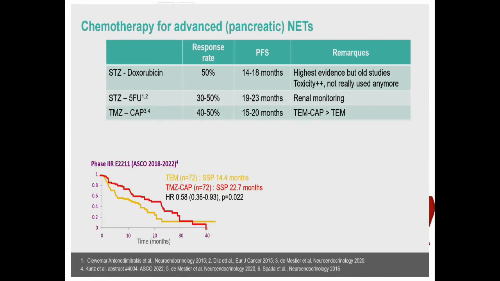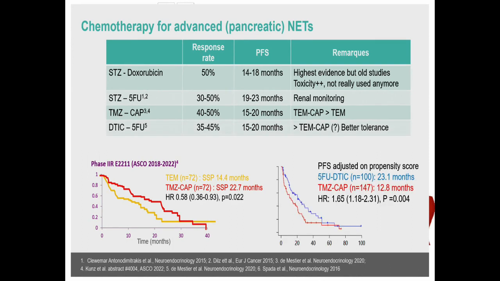What is more interesting is the coming in the field of temozolomide, which can be combined with capecitabine. And as you can see on those curves, this treatment, and especially the combination of the two drugs, is more effective than temozolomide alone, with progression-free survival of almost 2 years, which is very high.